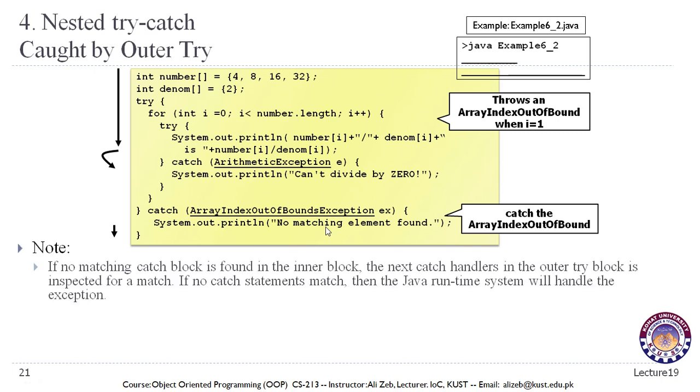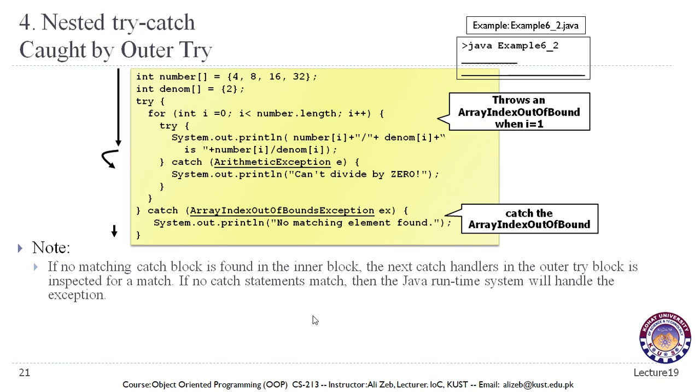The points to note here are: if no matching catch block is found in the inner block, as was the case here, the next catch handler in the outer try block is inspected for a match. What we did was, when the error was not handled in the inner catch block, we looked for the matching catch block in the outer try catch block.